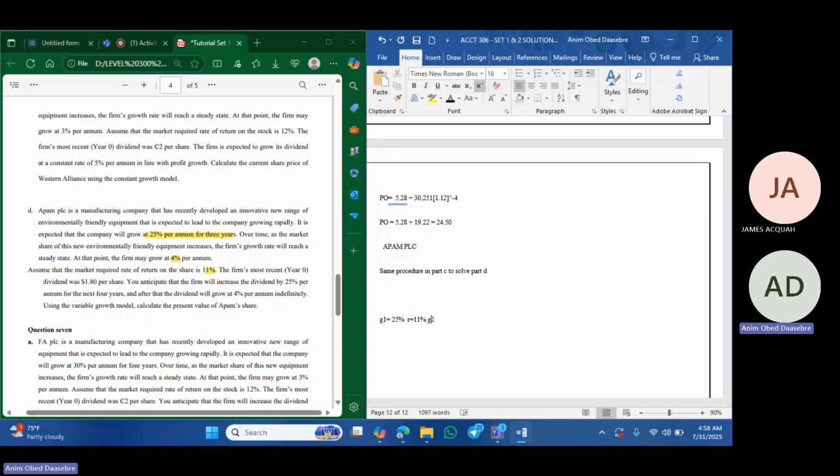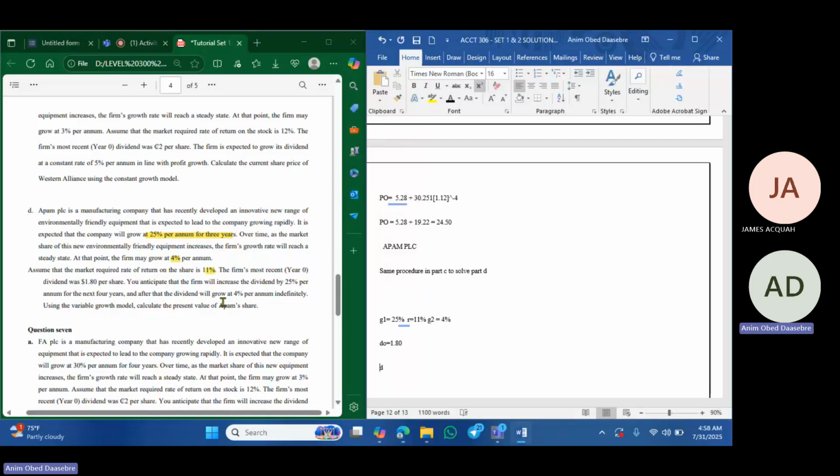Gen 2 to be 4%. We also have D naught, the dividend just paid, 1.80, and that's the information given to us.